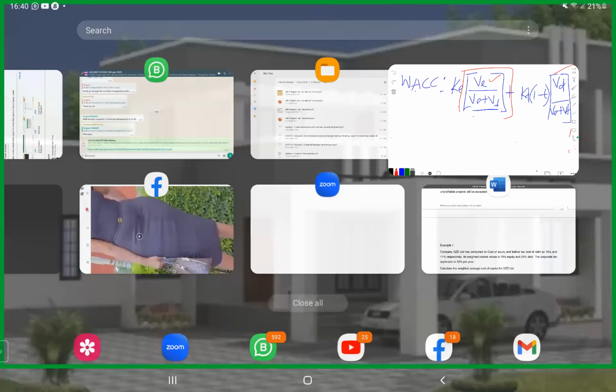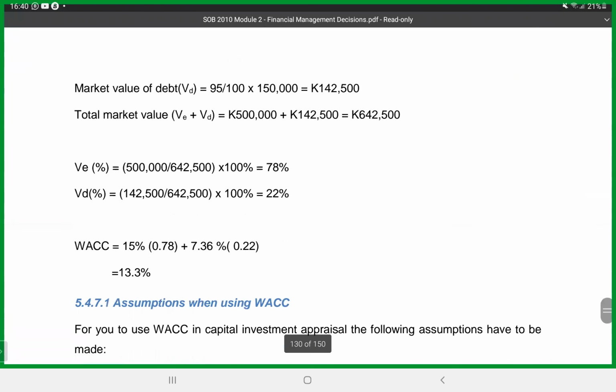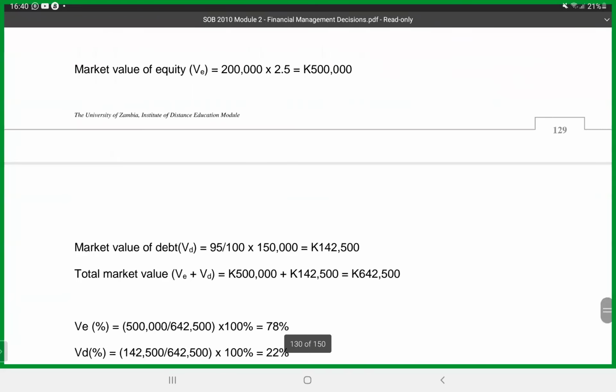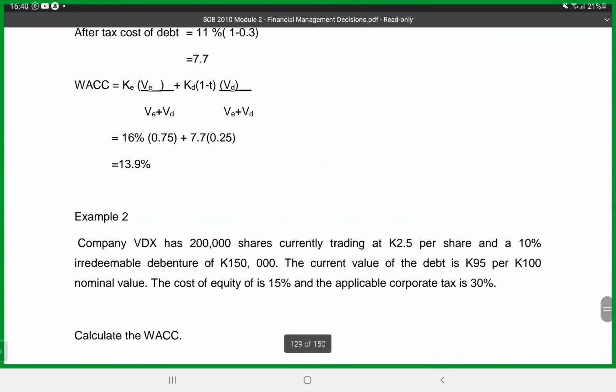So now, which one is the second example? Example number 2. Okay, let's have the second example. Remember, whenever you're calculating the WACC, you are looking for what?